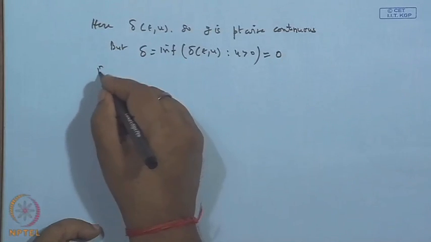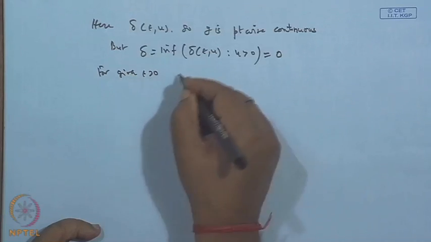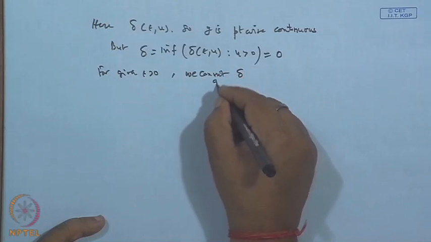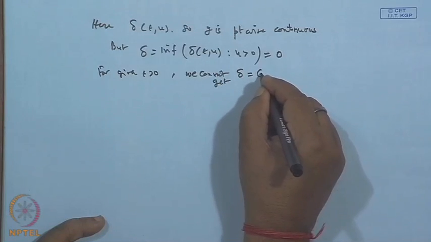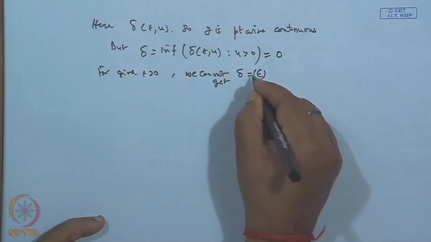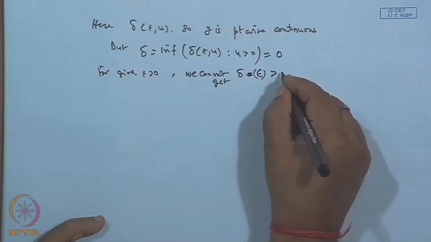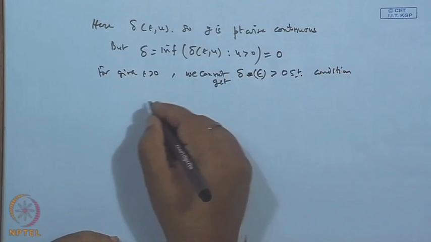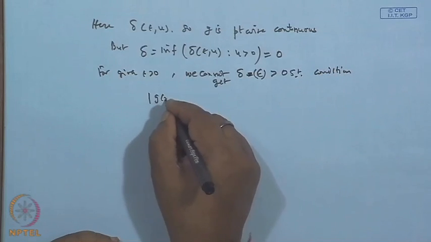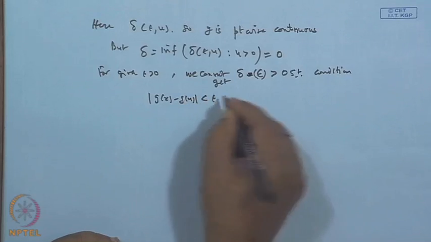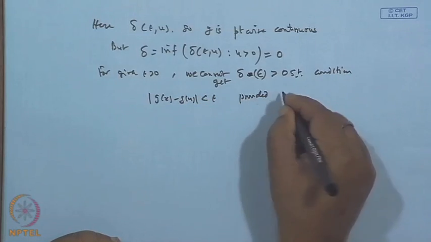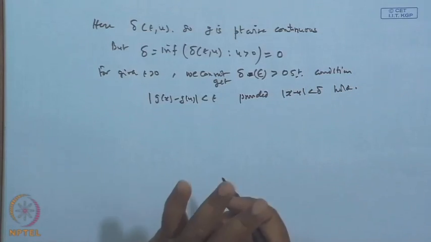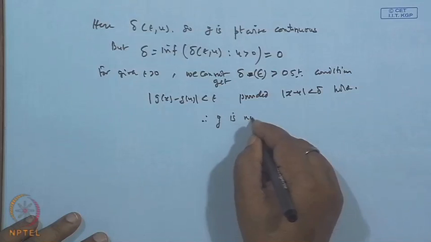For a given epsilon greater than 0, we cannot get a delta greater than 0 which depends only on epsilon, such that mod of g(x) minus g(u) is less than epsilon, provided mod of x minus u is less than delta. This we cannot get. Therefore, g is not uniformly continuous.